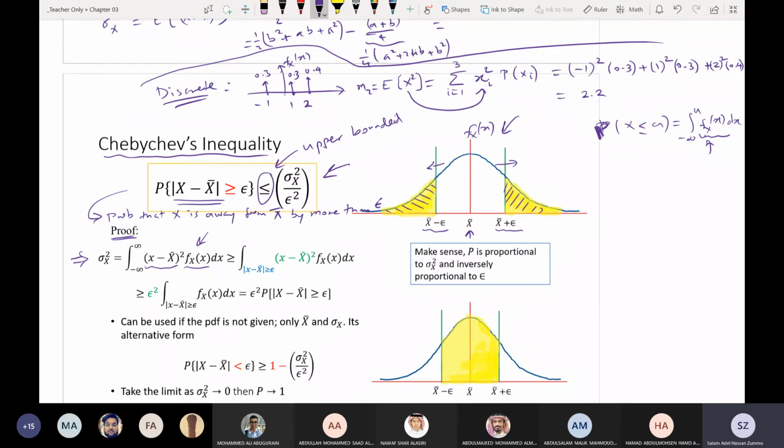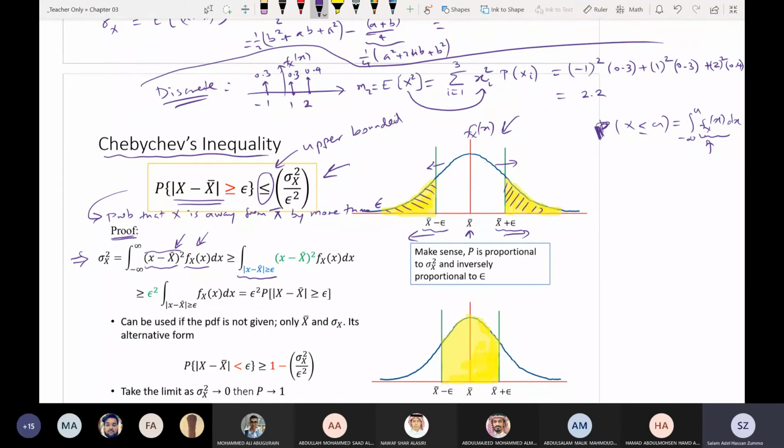The PDF is a positive function, and this is a positive function, which is a square. Because both of them are positive, the whole thing is positive. Then integrating over the whole range from minus infinity to infinity is definitely larger than integrating over the specific range shown in the yellow part here, which is the absolute value of x minus x bar larger than or equal to epsilon.